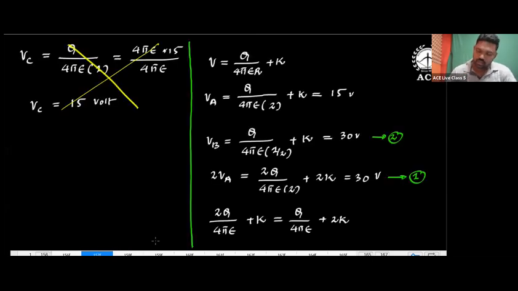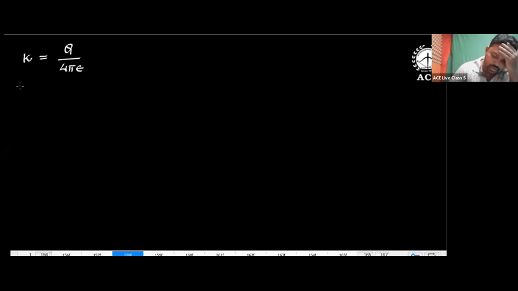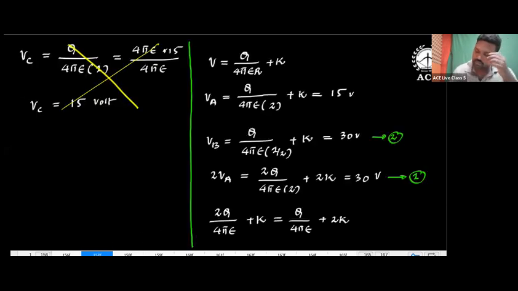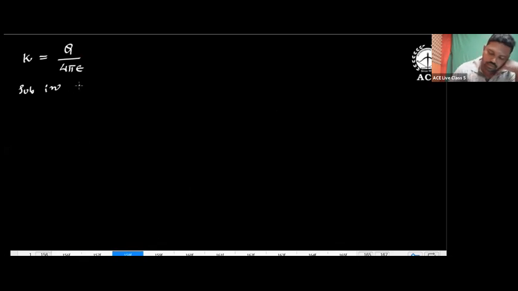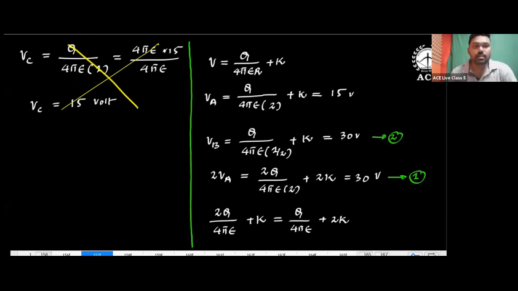Okay. So you have got the K value. After getting the K value, you can substitute in any one of these. Substitute in equation 2. What is equation number 2?